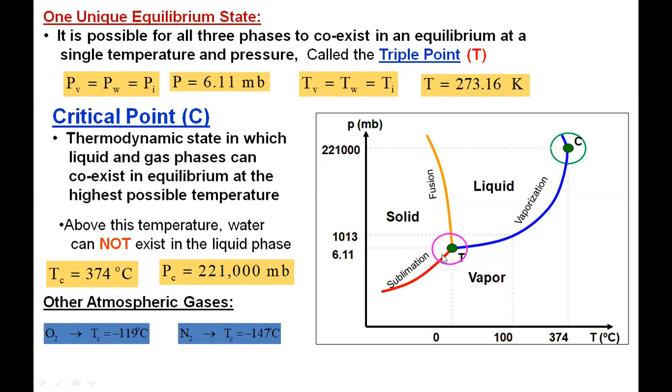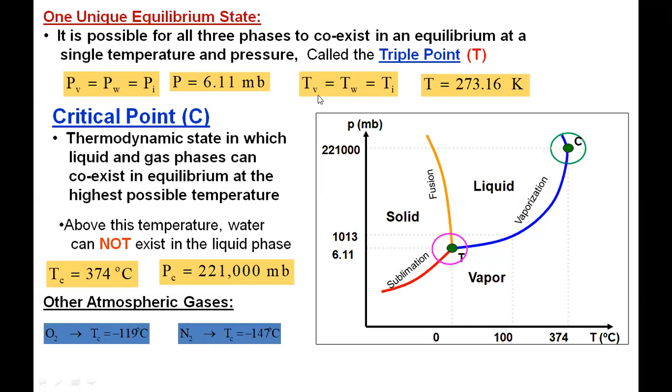where is the triple point T, which equals 6.11 millibar. This is the figure between the pressure and temperature, and the pressure unit is millibar.